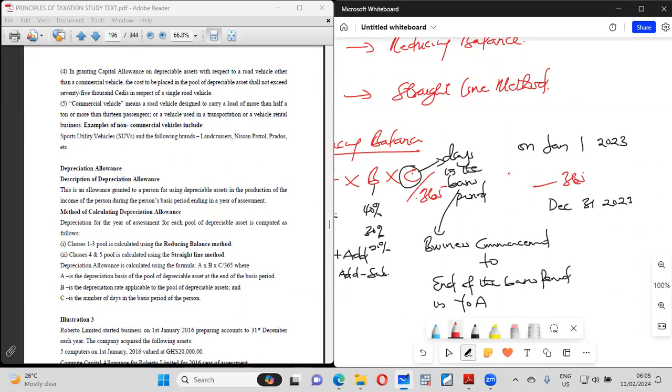But let's say my business commenced on October 1. Then my basis period ends December 31st of the same year. How will it be? That is where the things you learned in elementary school come in. December is 31. October is also 31.